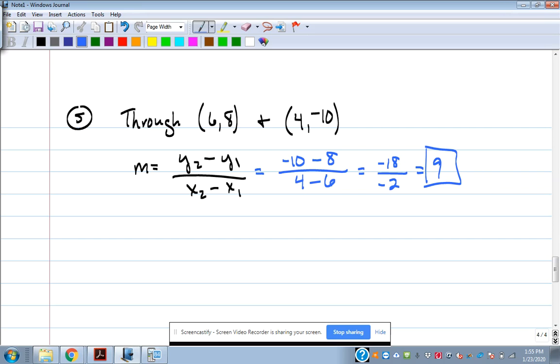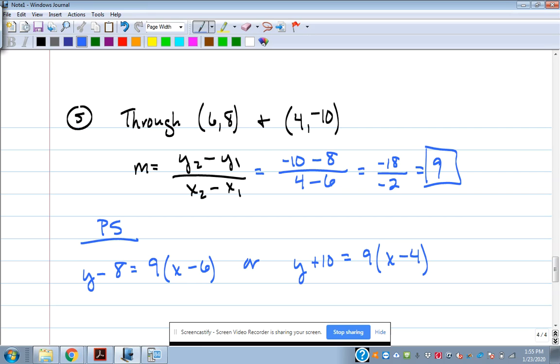And then from there, you're going to use this as your slope. When you go to do your point slope form, you just have to pick one of the ordered pairs to use. It doesn't matter which one. I'm okay with you picking either one. So that'd be y minus 8 equals 9 times x minus 6, or you could do y plus 10 equals 9 times x minus 4.